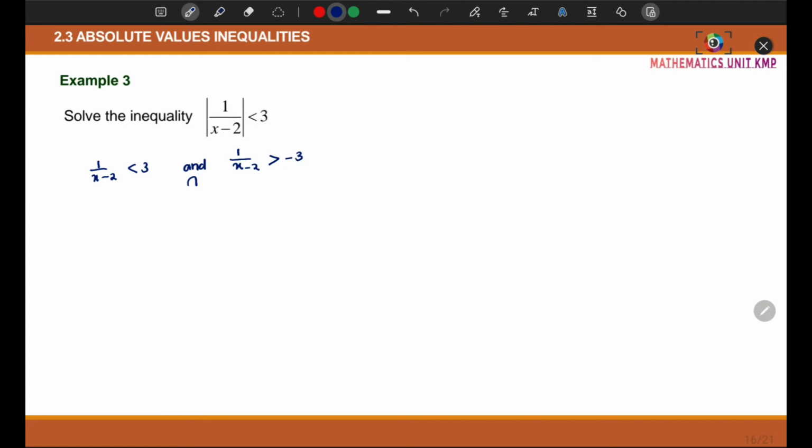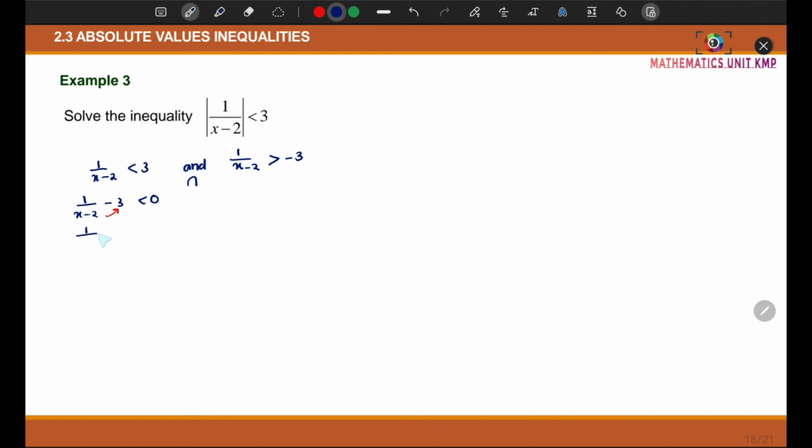Okay, now we will solve this separately. Remember, how do you solve a rational inequality? We cannot cross multiply, so we need to bring the 3 to the left. So 1 over x minus 2 minus 3 less than 0. Then we can cross multiply.